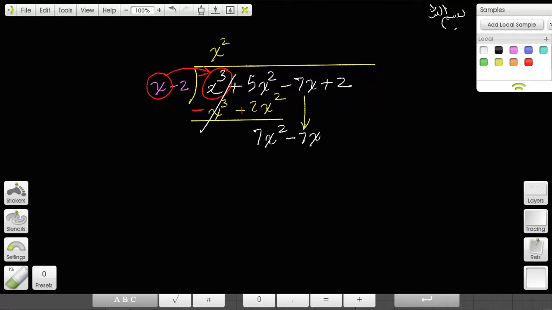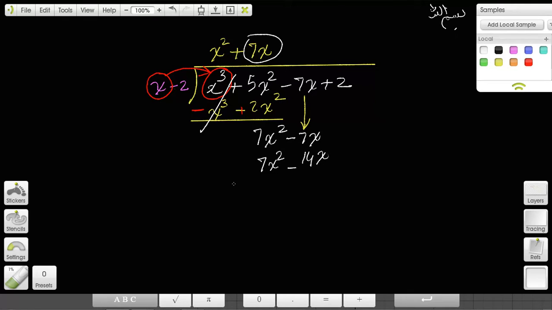Then you ask yourself, what do you have to do to x to get 7x squared? You have to multiply it by 7x. Very good. Now you take the 7x and multiply it by x minus 2, and you write it over here. 7x times x is 7x squared, minus 14x.